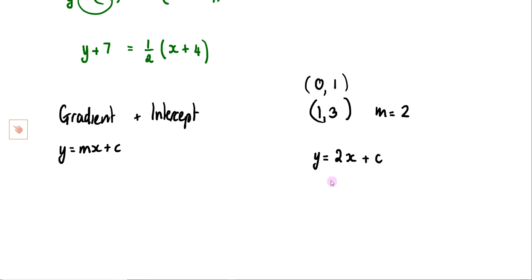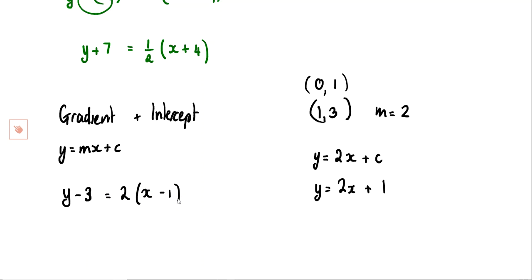So our answer is going to be y equals 2x plus 1. However, we also have what we started with, which was y minus 3 equals 2 times (x minus 1), right?